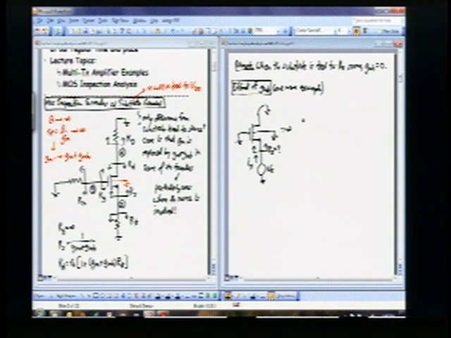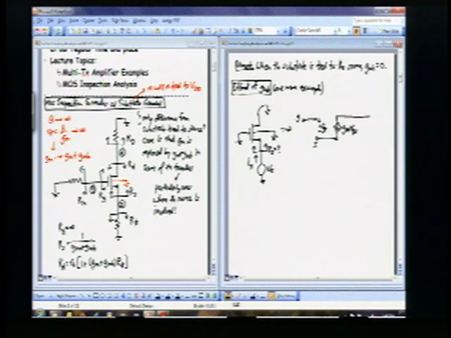So here's the equivalent circuit for this transistor. It's the hybrid pi model. Across this I have my VGS voltage, where this is the gate. That's the source. You have a voltage-controlled current source here, GM times VGS.